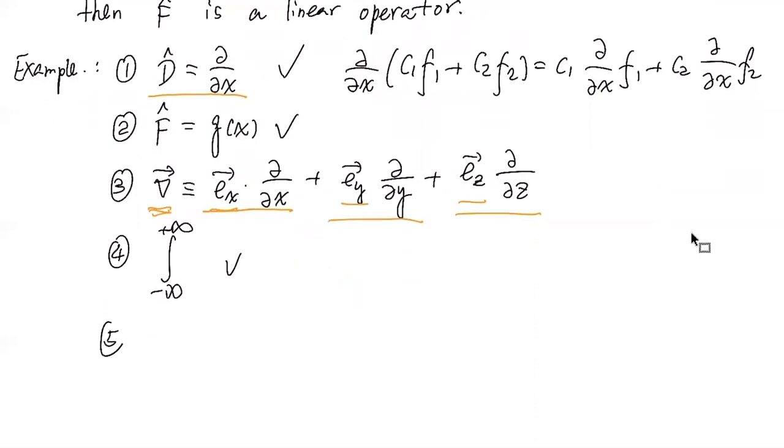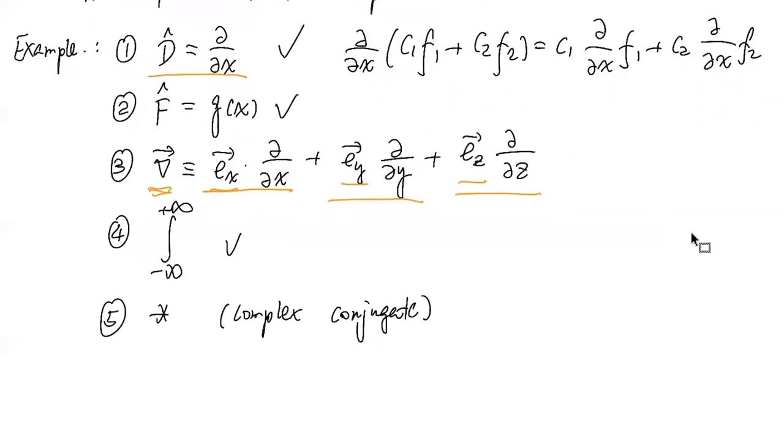How about the complex conjugate? As I mentioned previously, a complex conjugate is not a linear operator. Apply it to C1 F1 plus C2 F2.